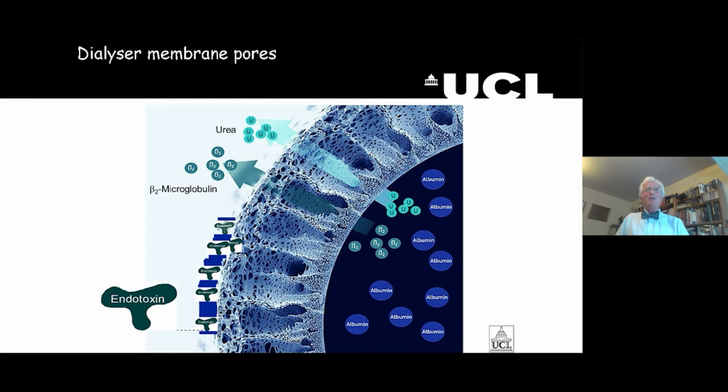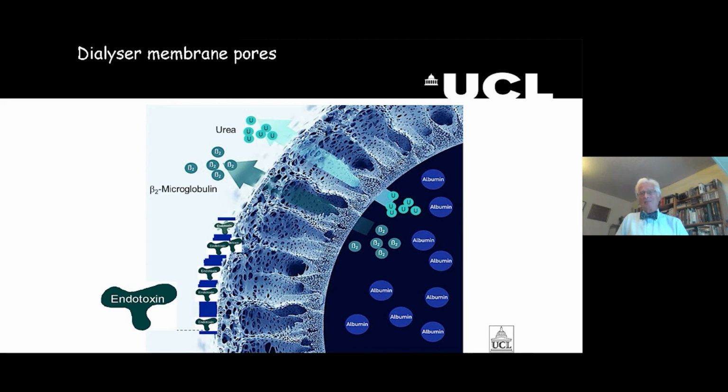Equally, we don't want endotoxin or other contaminants in the dialysate to be able to pass through the pores back into the patient's bloodstream. So the question is, well, can we design or redesign membranes that give us better quality in terms of removing larger size molecules, but without removing albumin?